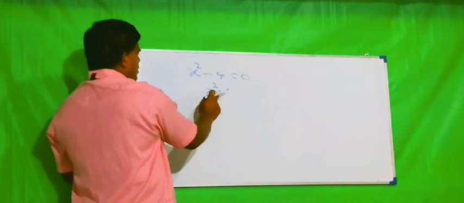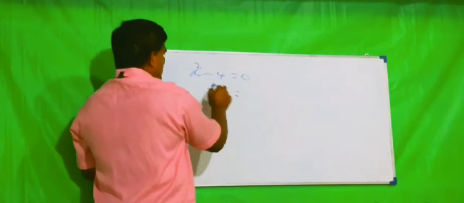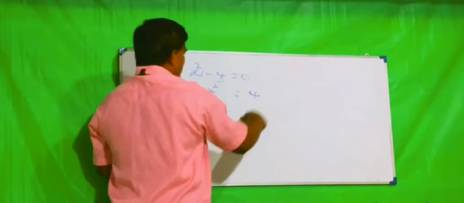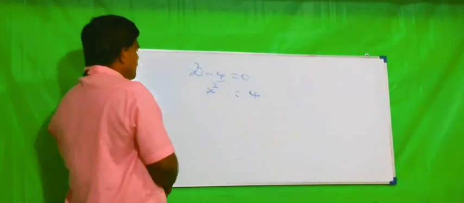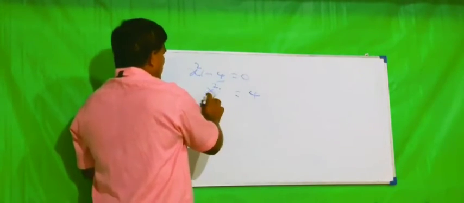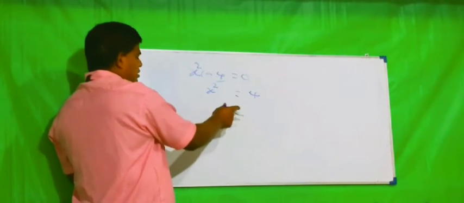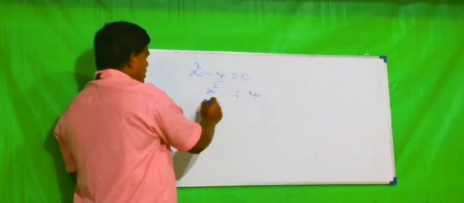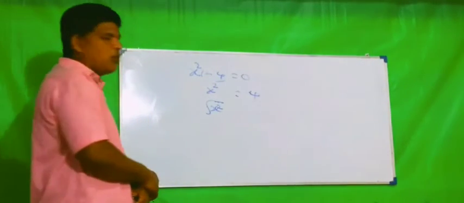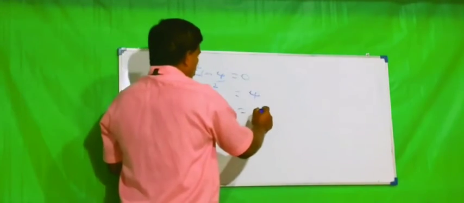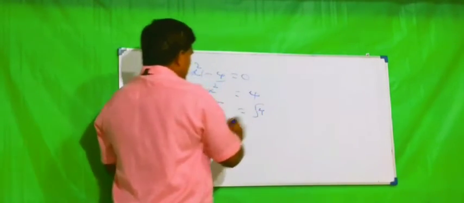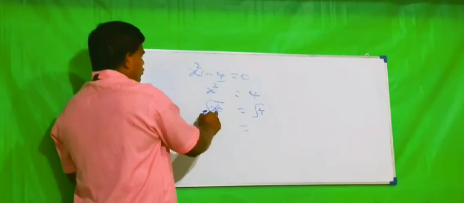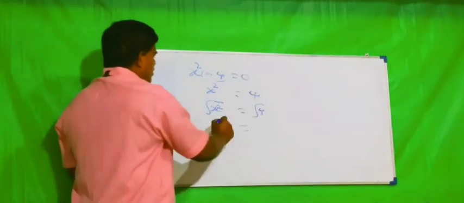Initially x squared is the subject in this form. Then the other term is a constant, minus 4. Let us move it to the other side, then it becomes 4. Then to obtain the value of x, we should take the square root, and the square root of the other side also should be taken. Then the square root of x squared is x.